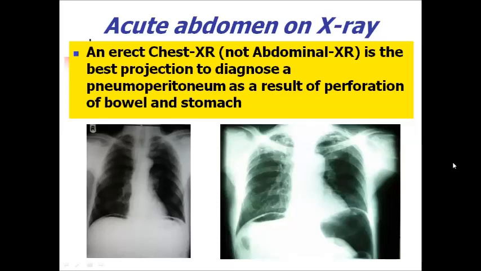Acute abdomen on X-ray. This, as I have said, simple technique allows us to diagnose a life-threatening situation without CT, without MRI, for example, acute abdomen. An erect chest X-ray film, not abdominal X-ray but chest X-ray, is the best projection to diagnose pneumoperitoneum as a result of perforation of bowel and stomach.